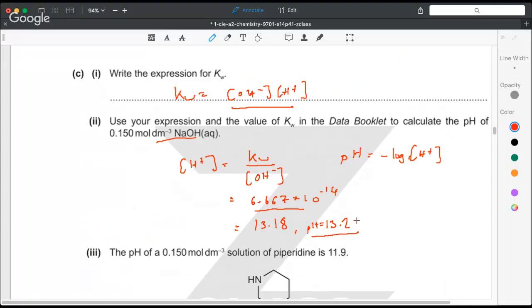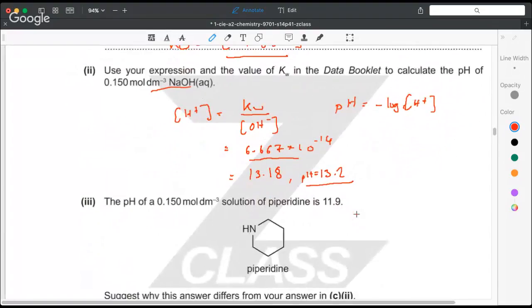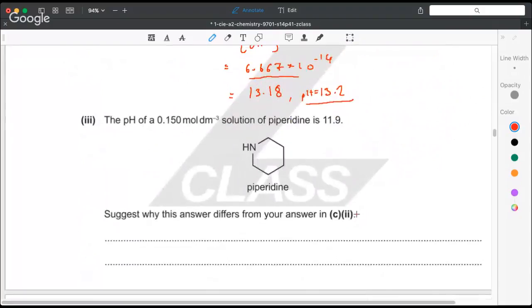Good. And then you're coming down now to this compound, which you probably haven't seen before. And because you know that they've already started talking about acids and bases, you're already alerted that they're probably going to start asking some more questions about acids and bases. And this is an amine.